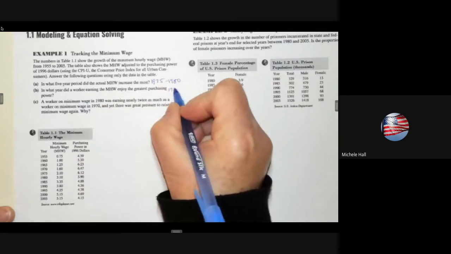So the purchasing power was going up and then it went down. So I would say 1970. Yep, I would say 1970 had the greatest purchasing power.